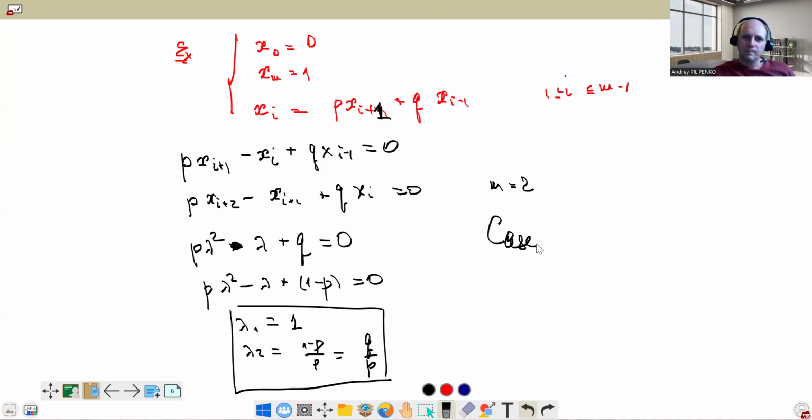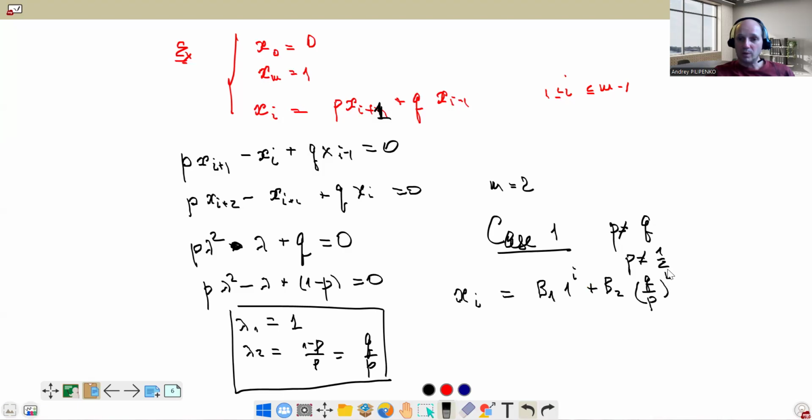Case 1: p is not q, or p is not 1/2, so the same. Then you have two different roots, and then xi is equal to b1 times 1 to the power i plus b2 times q over p to the power i. So xi is b1 plus b2 times q over p to the power i.